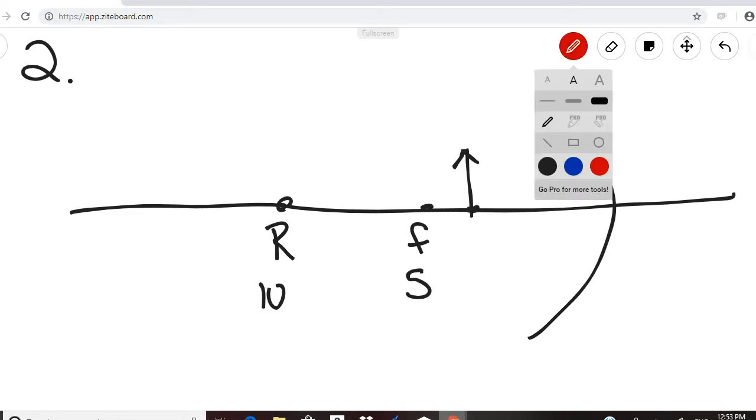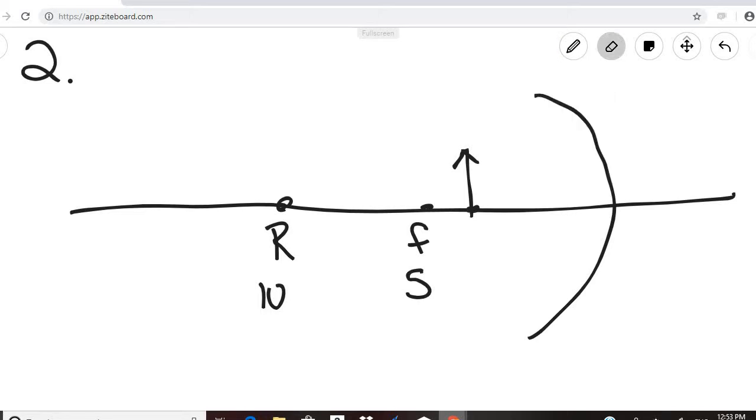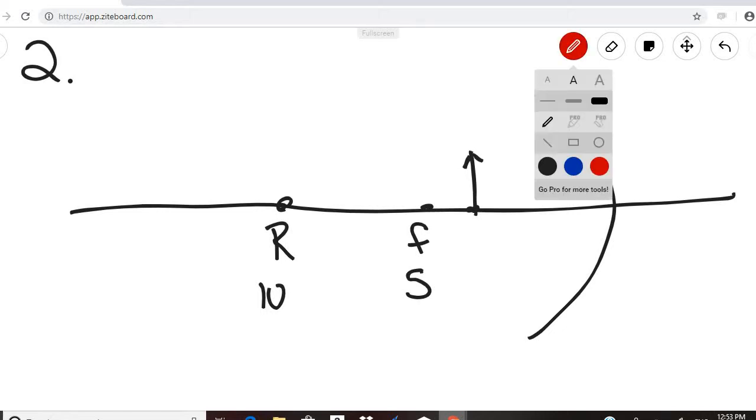So we'll draw the red one first. Let's just make this a little bit smaller.